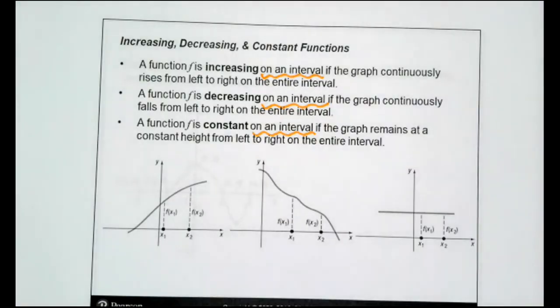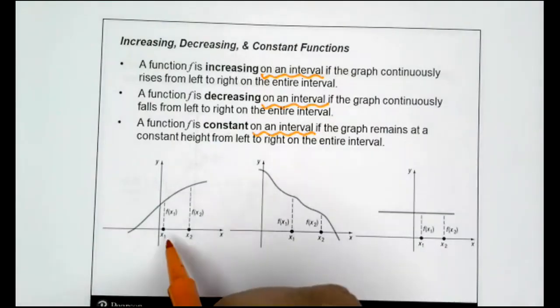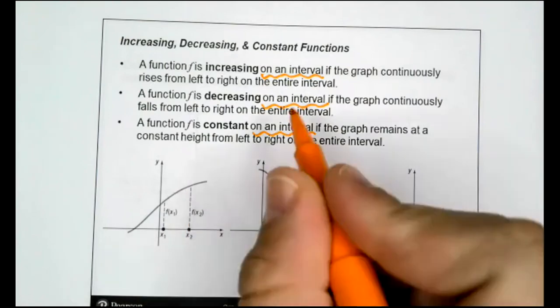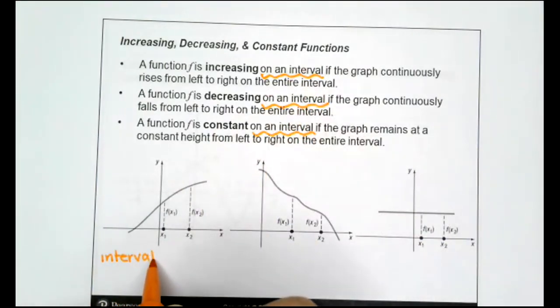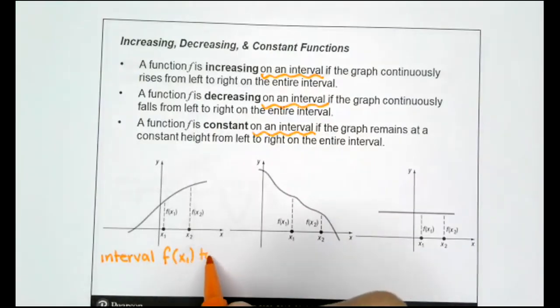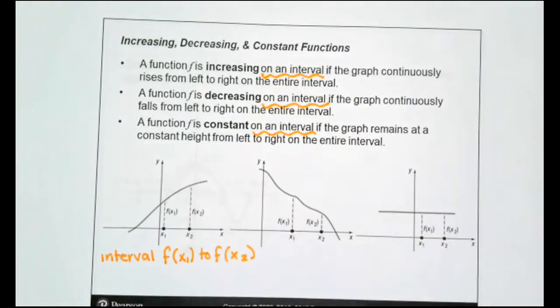We're just asking about intervals, one piece of the graph, okay? Here we have x1 and x2, so we would say the interval f of x1 to f of x2. That's what we would call that, okay?